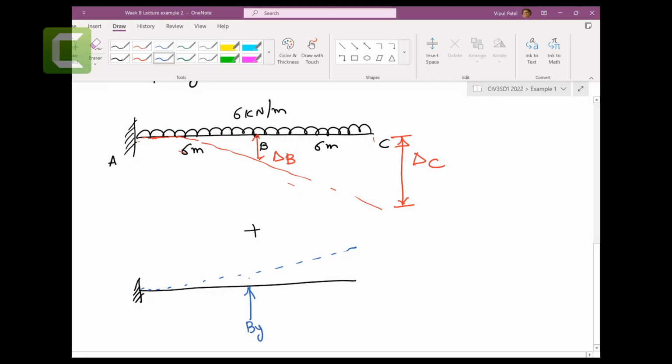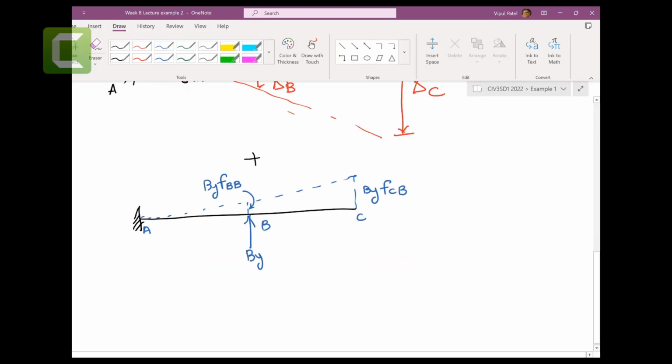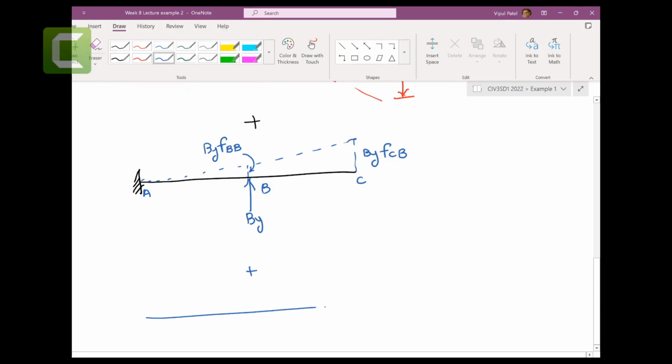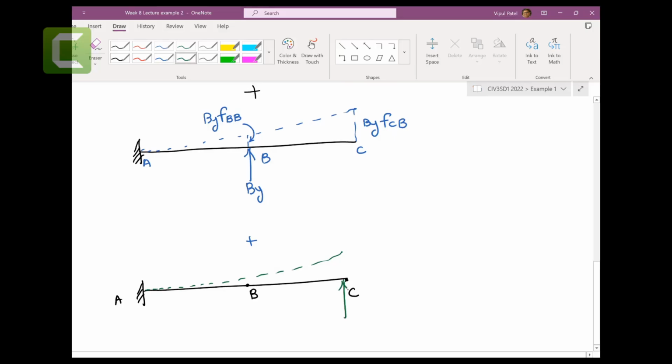And due to this BY at this particular point, you get the deflection at B due to the load at B. And here at point C, we have the deflection at C due to the load at B. So I hope you understand that. And there is another one, A, B, and C. There is another one where we are going to apply CY here.